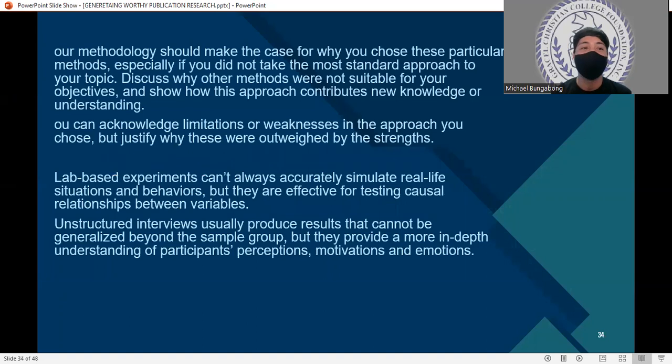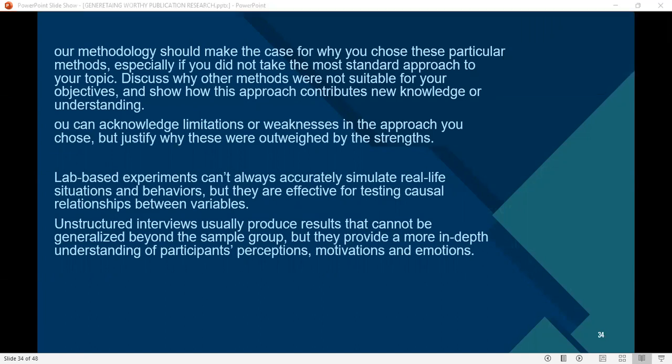Our methodology should make the case for why you choose a particular method, especially if you did not take the most standard approach to your topic. So you have to discuss why other methods were not suitable for your objectives, and show how this approach contributes new knowledge or understanding. So you can acknowledge limitation or weaknesses in the approach.